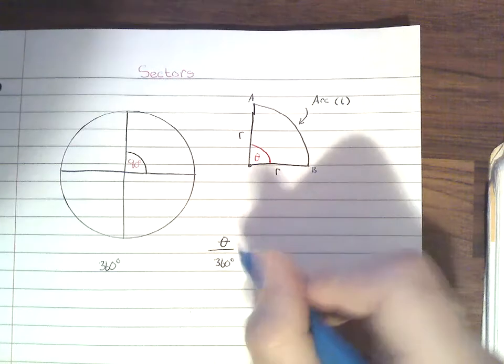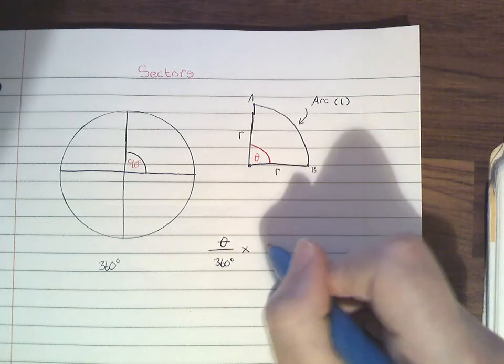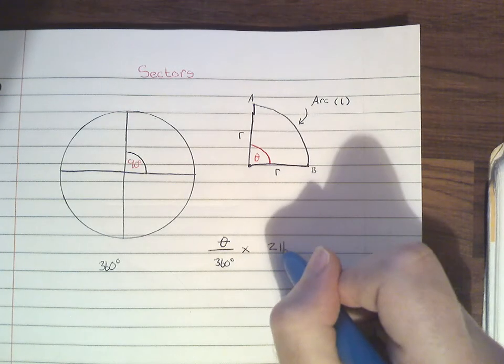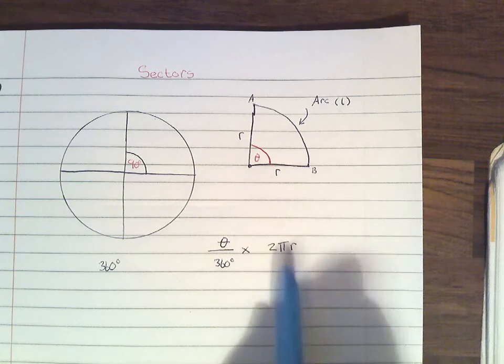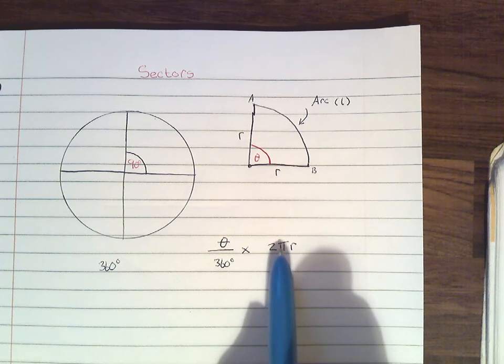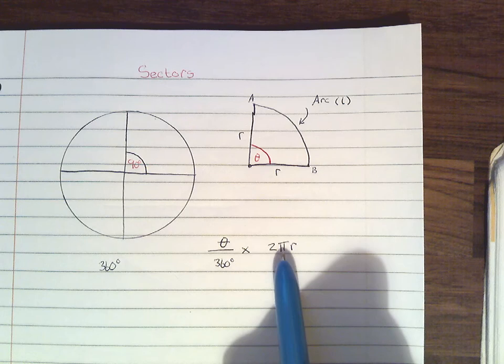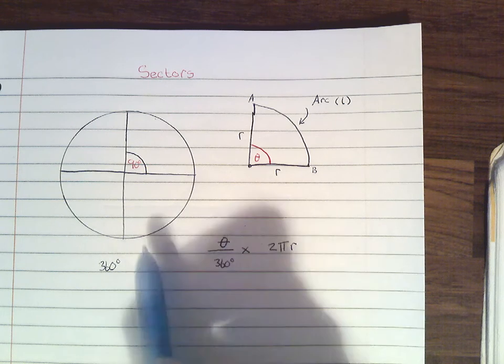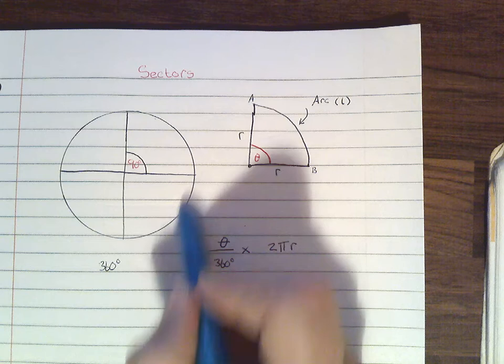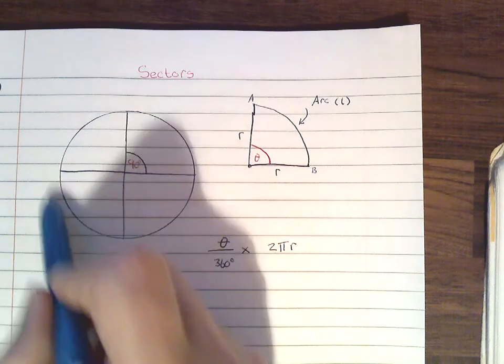And that's going to be multiplied by 2 times pi times r. Now if we remember this piece here, 2 pi r actually tells us the circumference. It calculates the circumference of a circle. So for example, 2 pi r will give you the whole circumference.